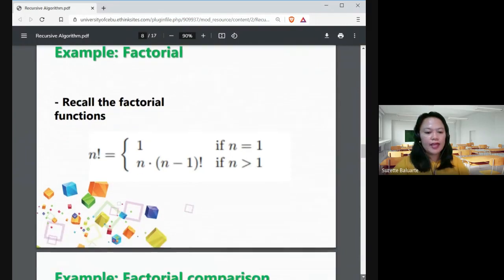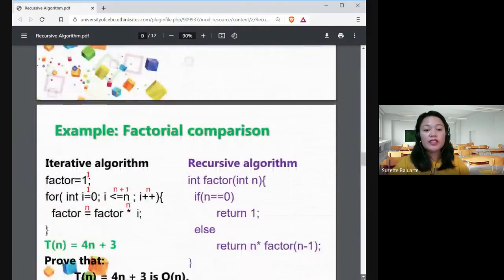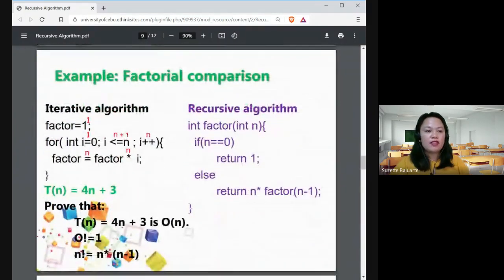Okay, then we will try to compare the iterative and recursive algorithm. In an iterative algorithm, if you remember, in our example, sum equals 0. In this case, I'm using the factorial given, so it would be factor equals 1.